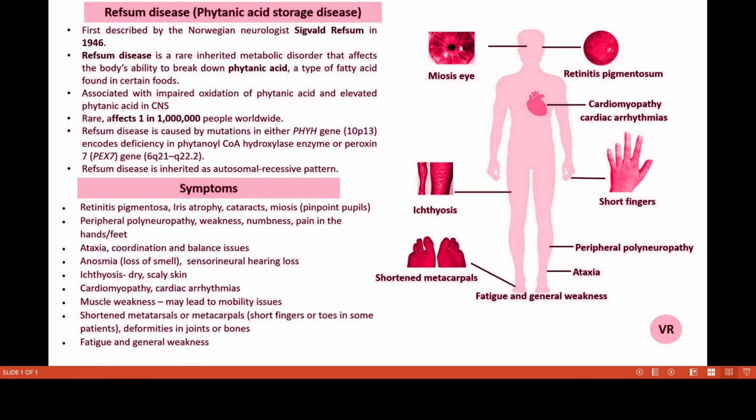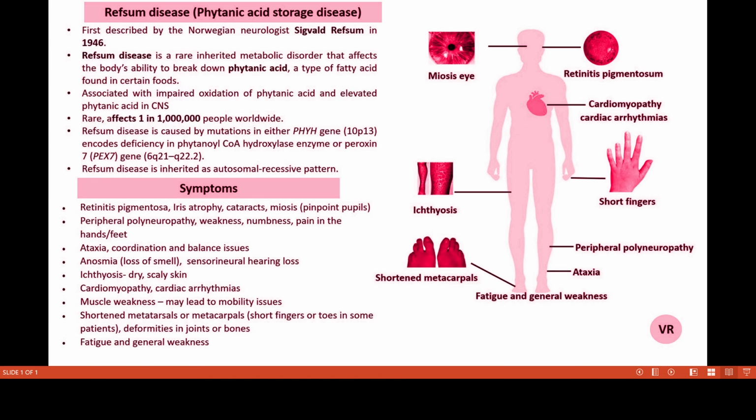The peroxisomal enzyme Phytanoyl-CoA hydroxylase catalyzes the first step of alpha oxidation. It is for this reason that mutations that decrease the level of the functional enzyme in the peroxisome can prevent the catabolism of phytanic acid, leading to its systemic buildup, thereby causing Refsum disease.